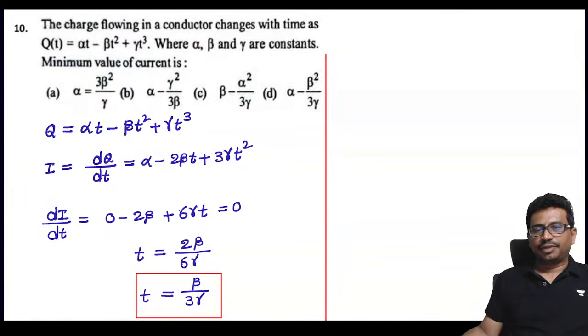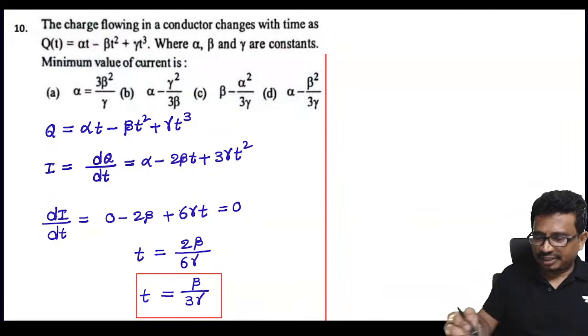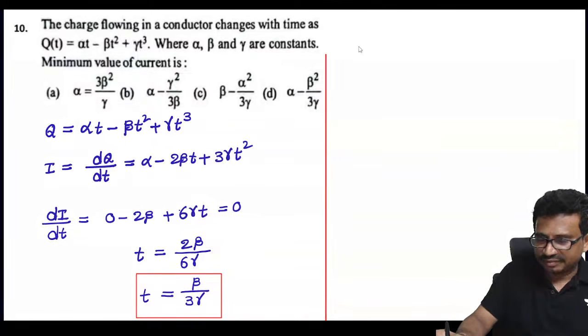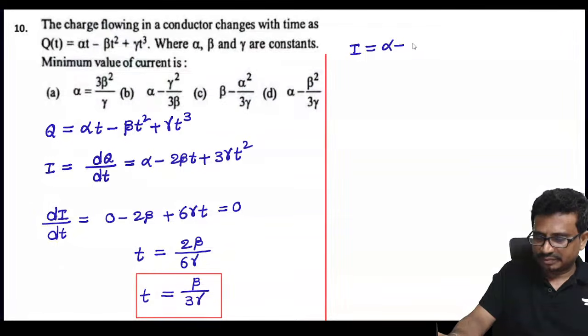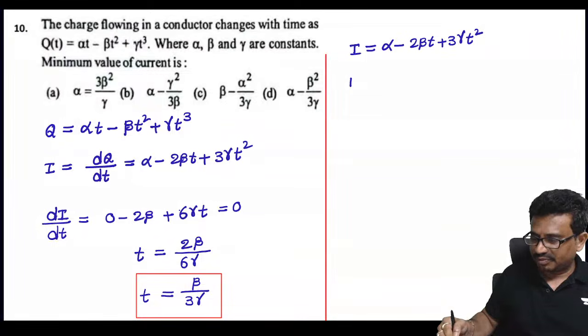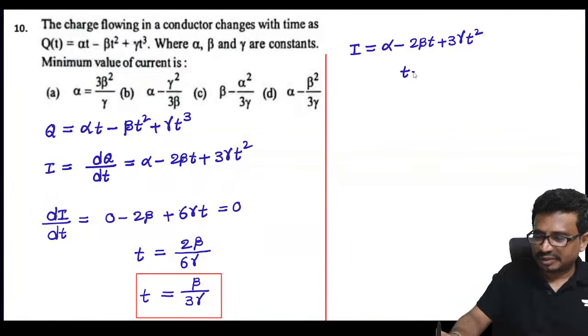Now we need to put the value in the current equation to get the minimum value. So I is given as alpha minus 2 beta t plus 3 gamma t square. So for minimum value, we can put the t value, t is equal to beta by 3 gamma.